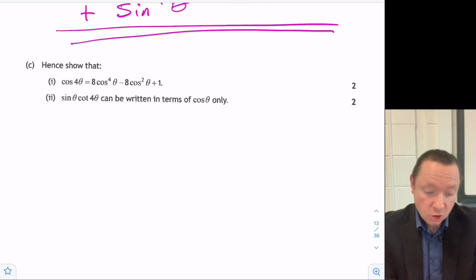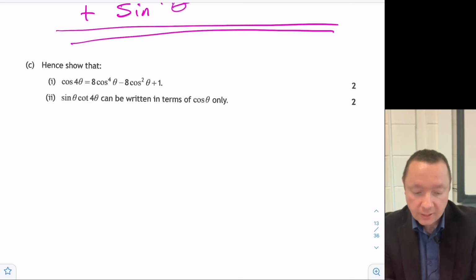Part C says, hence show that cos 4 theta equals 8 cos to the power of 4 theta minus 8 cos squared theta plus 1.